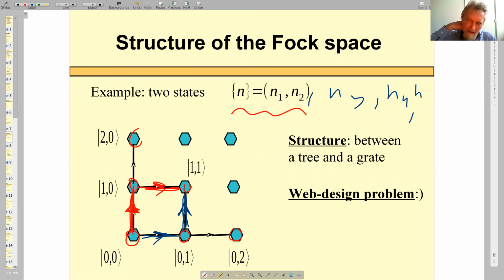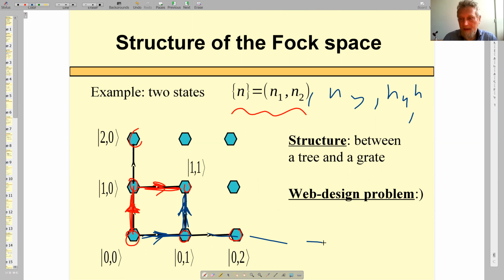We apply a3 dagger once, we get 1 particle. We apply it twice, we get 2 particles, 3 particles, and so on. That's how many times we apply the same creation operator. Right, and in this picture, it means that we just go to the left or to the right. So they combine in powers.